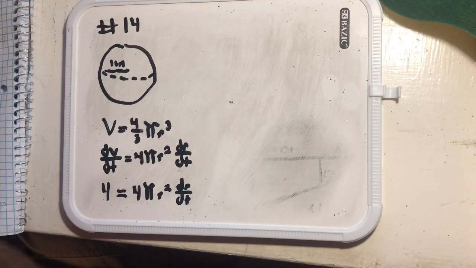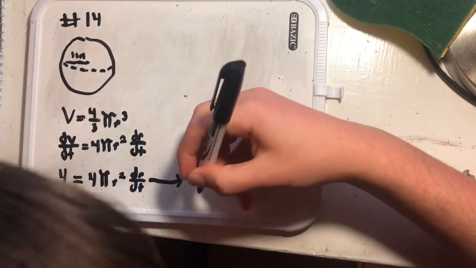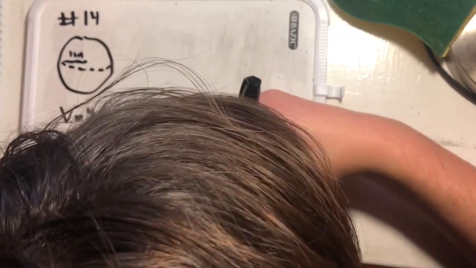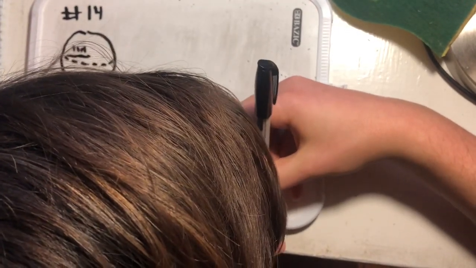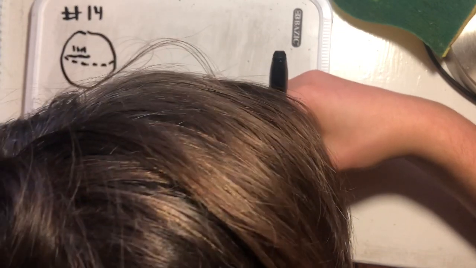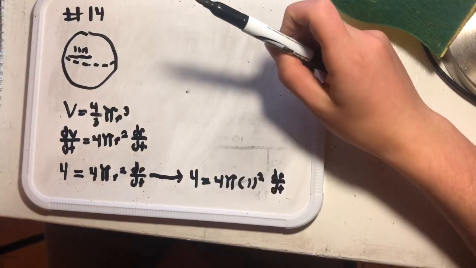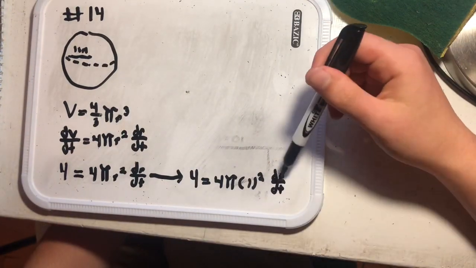And now we're going to plug in the given radius, 1 inch. It's going to give us 4 equals 4 pi 1 squared dr dt. Okay, that 1 squared completely doesn't matter because 1 squared is just 1. So we need to solve for dr dt.